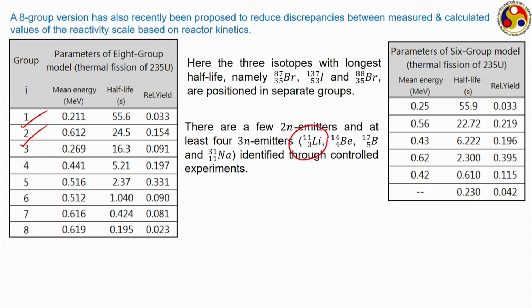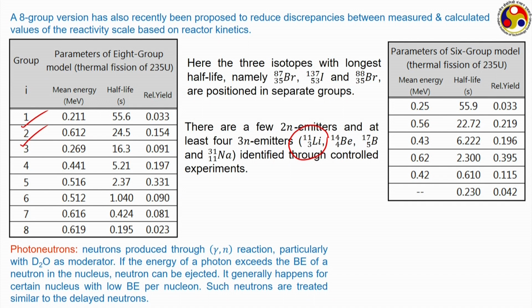Now, the normal isotopes for lithium are lithium 6 or 7, and here its mass number is 11, out of which 3 are protons, so there are 8 neutrons. We can clearly see this for the others also. Accordingly, they need to emit a very large number of neutrons to come back to some kind of ground state, and hence we get these 2n and 3n emitters.